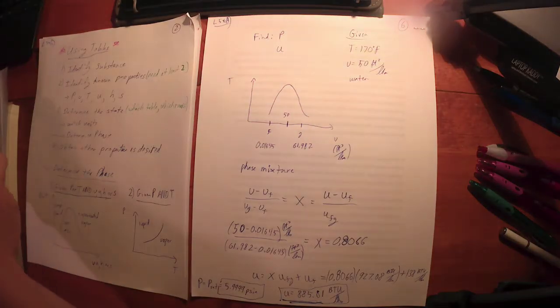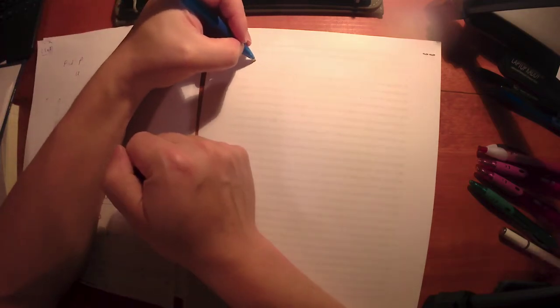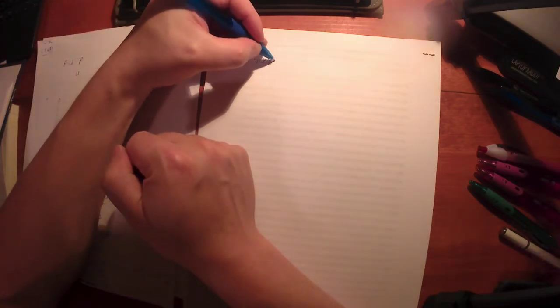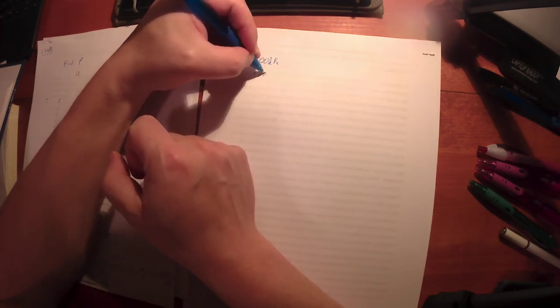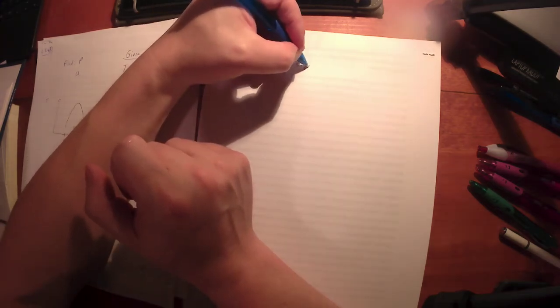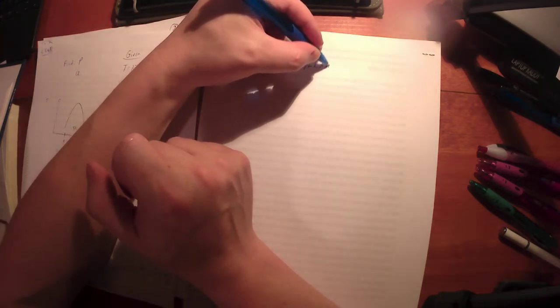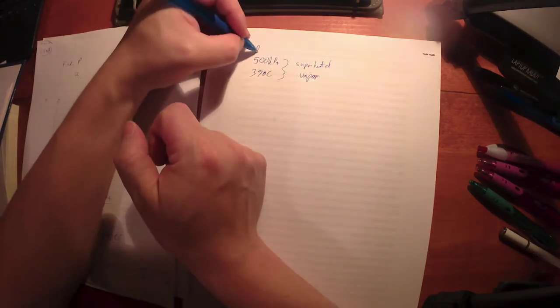What are we looking for? Well, all right, let's write these things down. Again, at 500 kilopascals and 37 degrees C, we know we've got superheated vapor. Again, this is R134A.